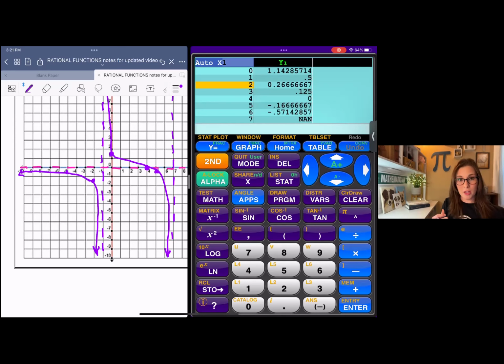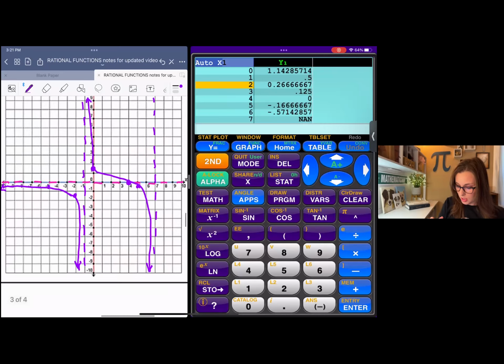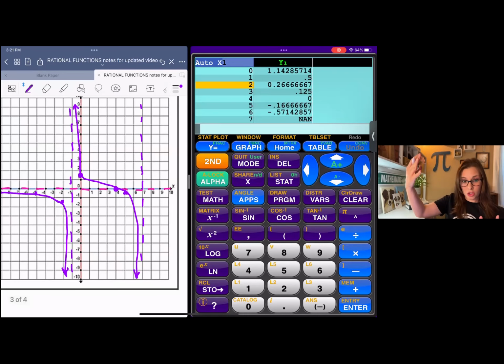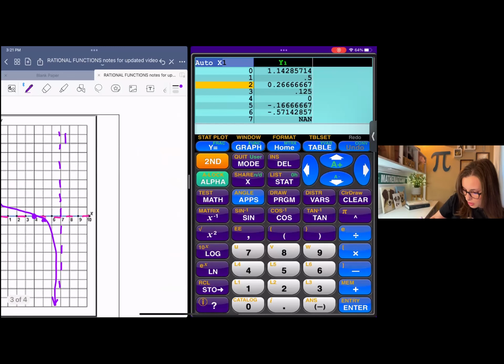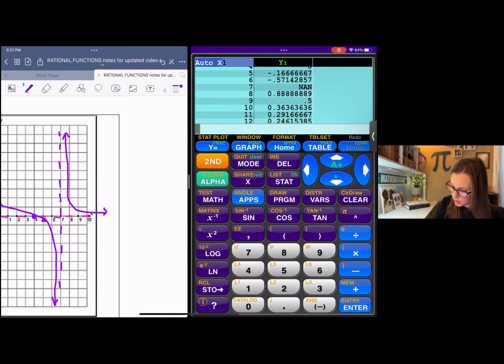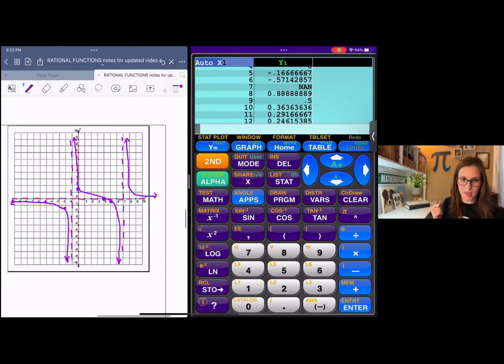And remember, it's symmetric, so I don't need to plot any more points because I know it's going to be a mirror image in the diagonal region over here. It is just a sketch, so I can just sketch it, or you can look at some points over there. You can see it at 8. It's in the positive quadrant, so I know that it is in fact up there. So a rough sketch would look like that.